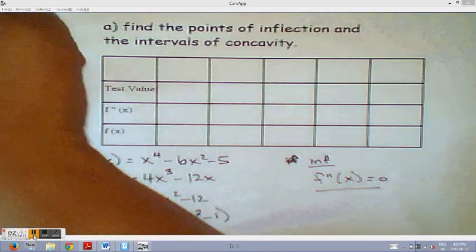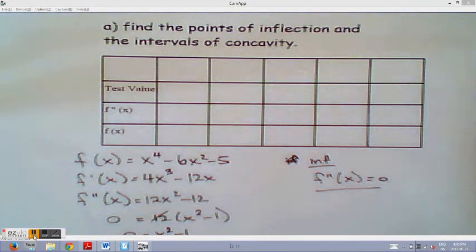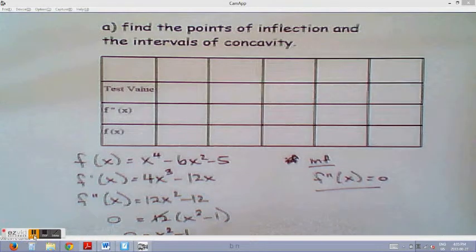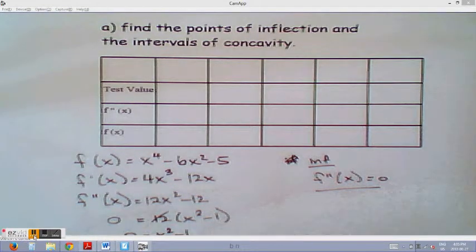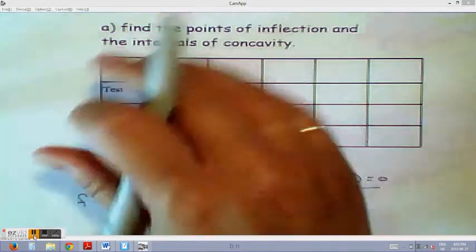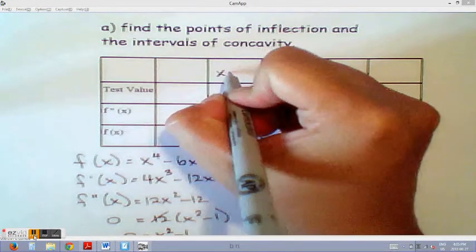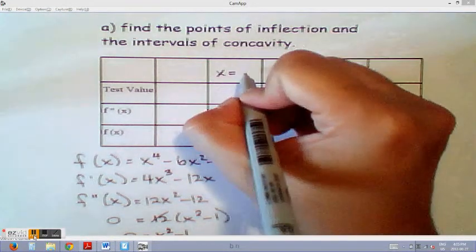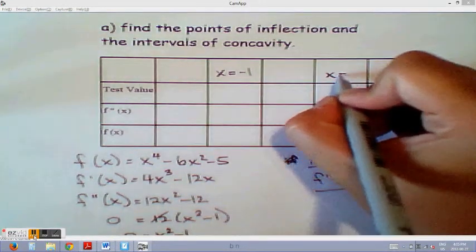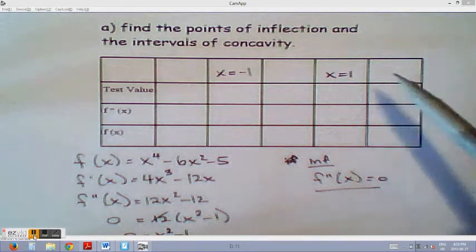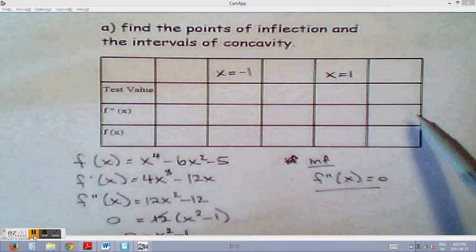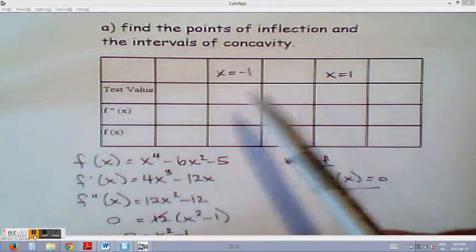In the second part of the same question, we also want to find the intervals of concavity. So we want to use our inflection points to define our intervals. We can say that x is equal to negative 1 here, and x is equal to 1. We want to test values in between those x values.